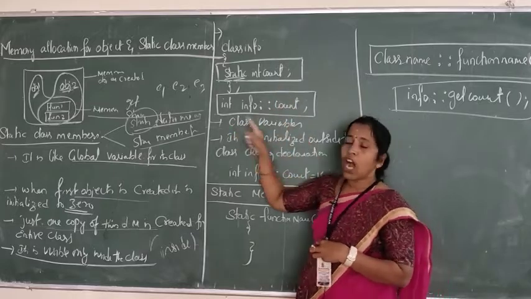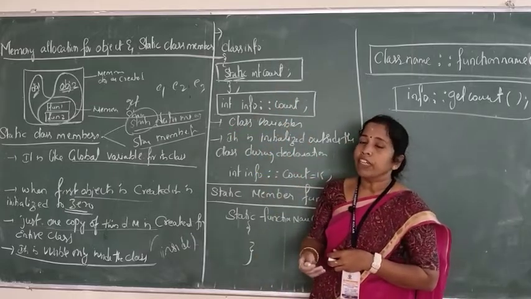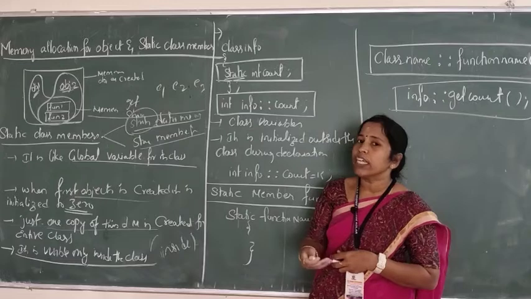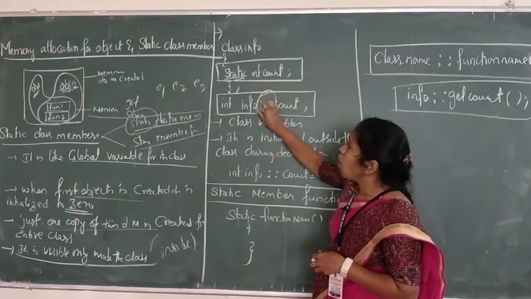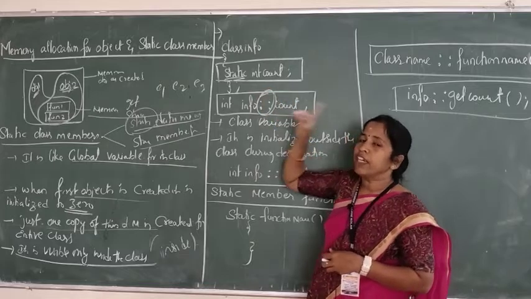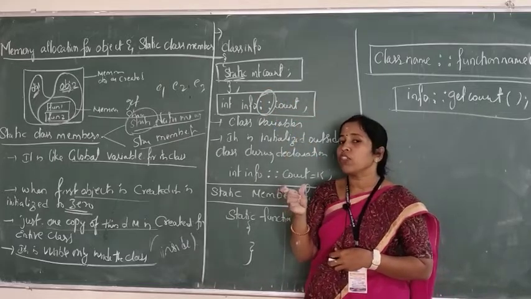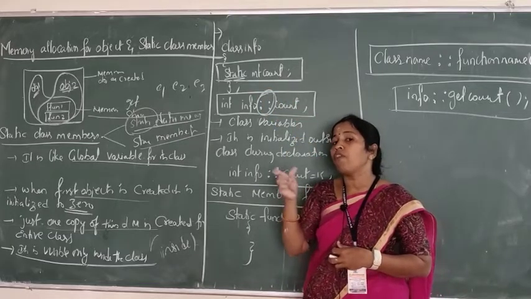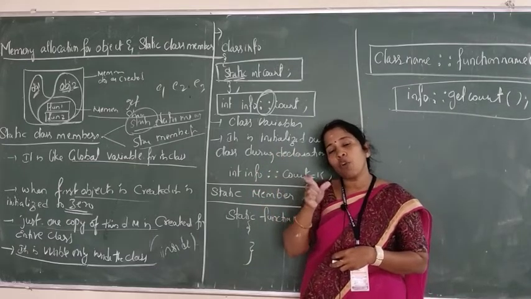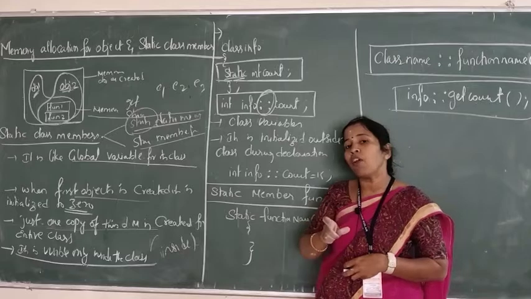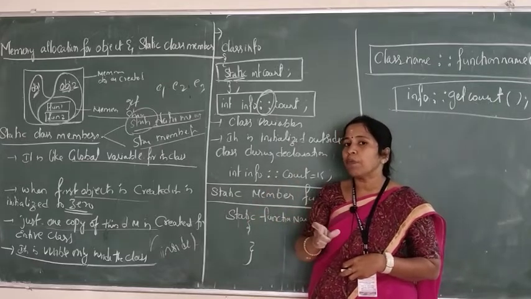When you are declaring a static variable outside the class, you have to make use of the scope resolution operator. In the first class I told you the scope resolution operator specifies the scope of the variable and of the member function, meaning which class that variable or function belongs to.